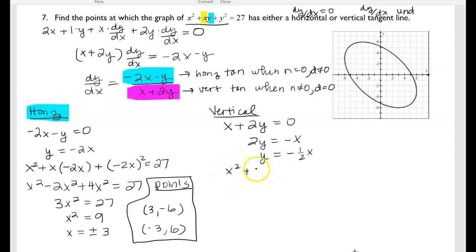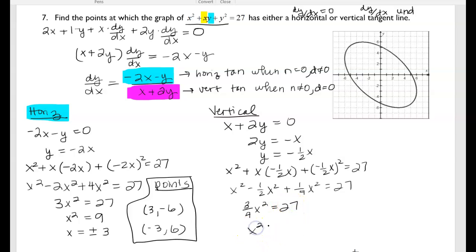So x squared plus x times negative 1/2 x plus negative 1/2 x squared equals 27. So I have x squared minus 1/2 x squared plus 1/4 x squared. And 1 minus 1/2 is 1/2, plus 1/4 would be 3/4. 3/4 x squared equals 27.